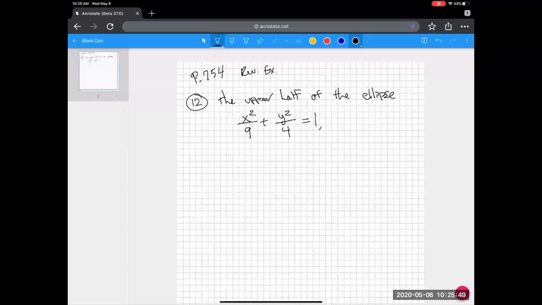So we want the upper half of this ellipse. And it specifies that this is generated counterclockwise.